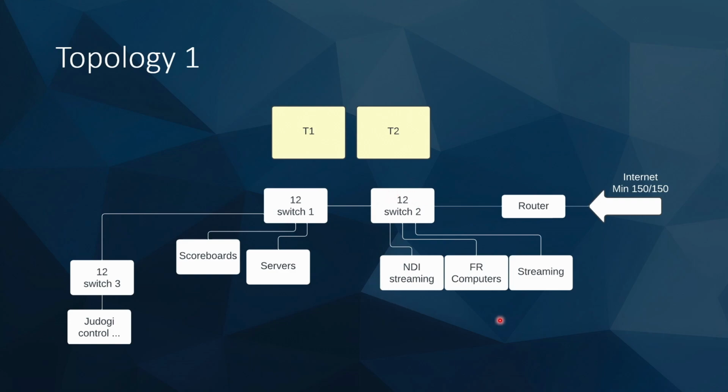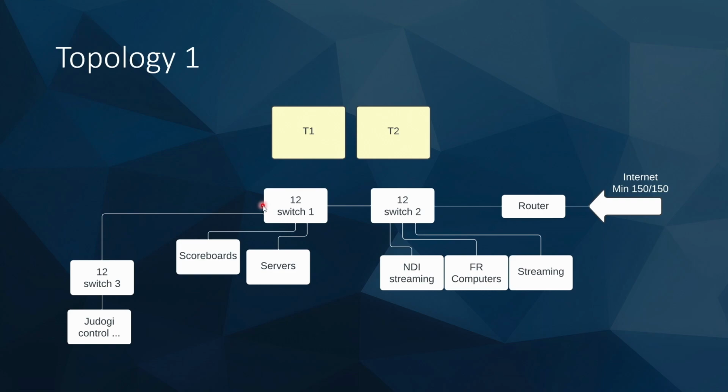One switch is really good to have for all of the NDI streaming computers for the FairReplay, because all the traffic between them will only be inside over here. And the other switch, I called it switch number 1, is more for scoreboards and for the servers. Why? Because you don't want all of the traffic mixed between these 2 switches if the switches are not really good. It can work, but we don't recommend it. So this is our recommendation.